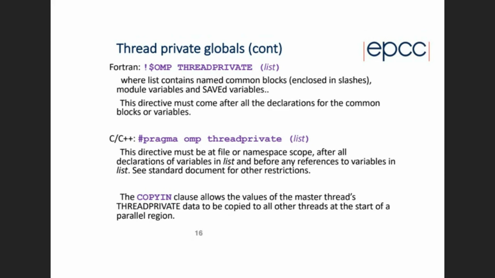Yeah, it might be better just to rewrite the code. Well, there is that, but that is a fairly high level design decision that you may be faced with if you have code that has global variables or common blocks that you want to modify inside parallel regions.